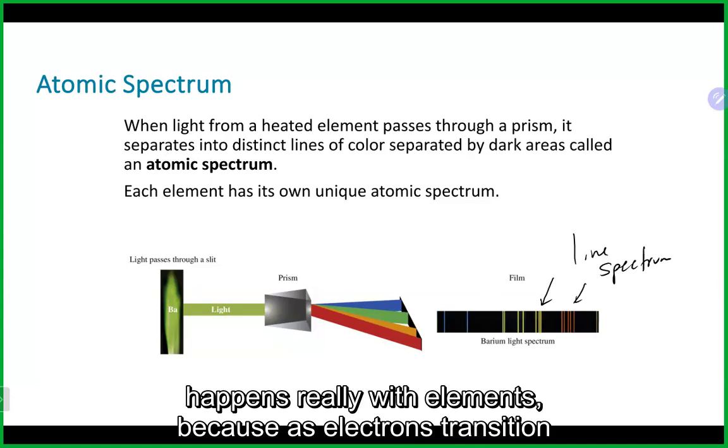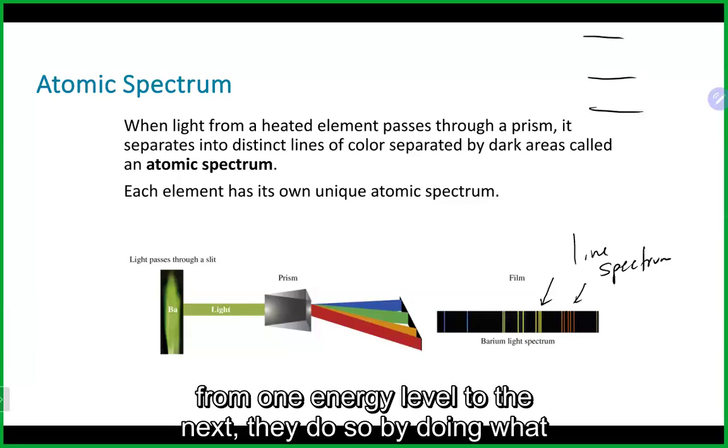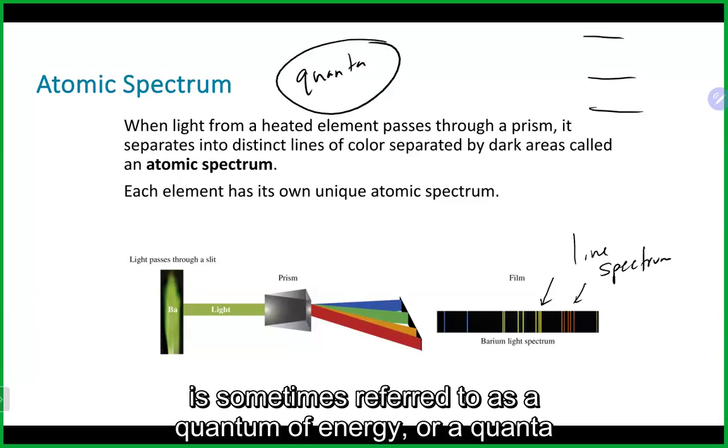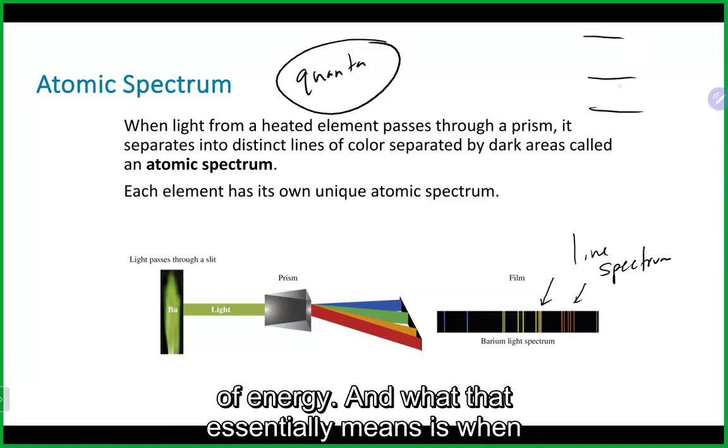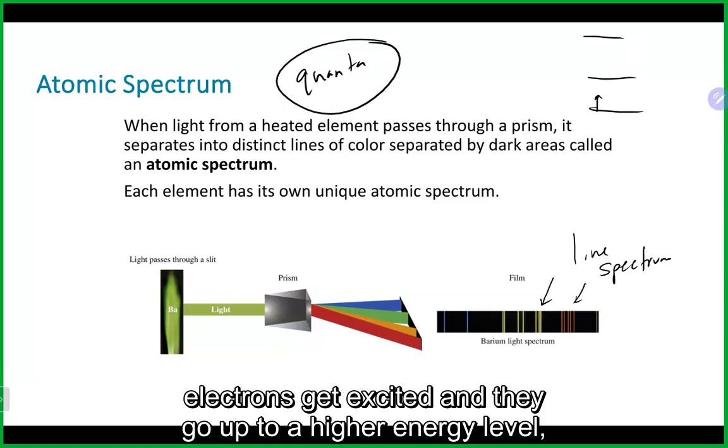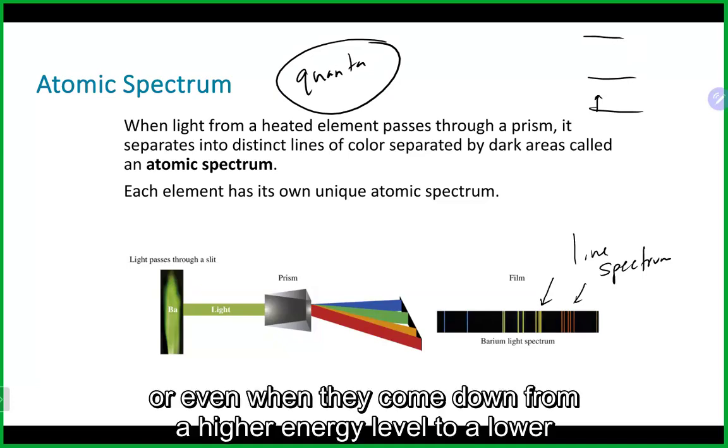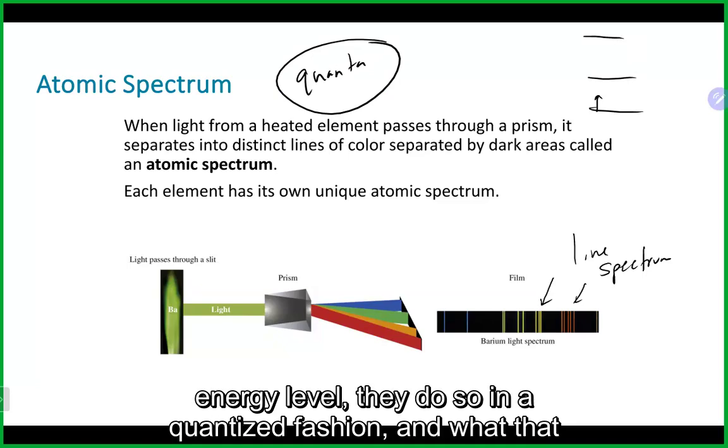This happens with elements because as electrons transition from one energy level to the next, they do so by what is sometimes referred to as a quantum of energy, or quanta of energy. What that essentially means is when electrons get excited and go up to a higher energy level, or when they come down from a higher energy level to a lower one, they do so in a quantized fashion.